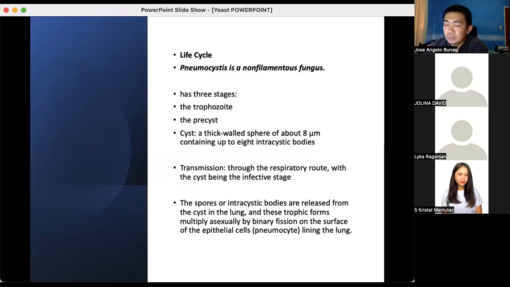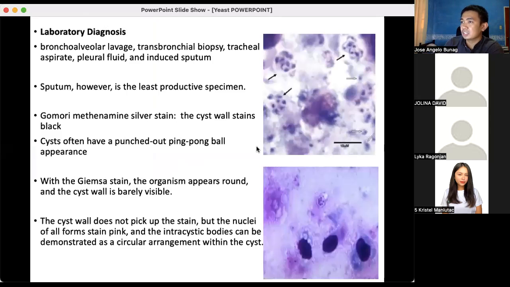Okay, so as you already know, during your parasitology, we have 3 stages of your Pneumocystis life cycle. We have your trophozoite, your precyst, and also your cyst. And the transmission is via respiratory route, with the cyst being considered as the infective stage of your Pneumocystis.